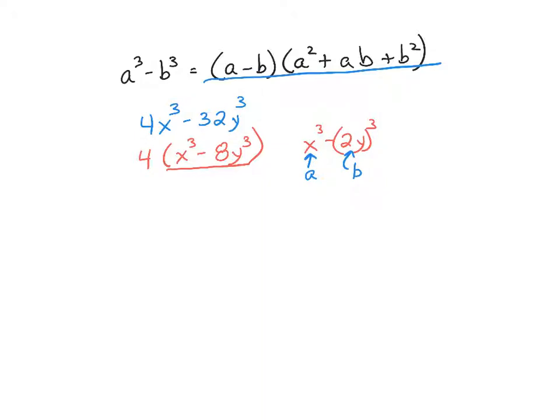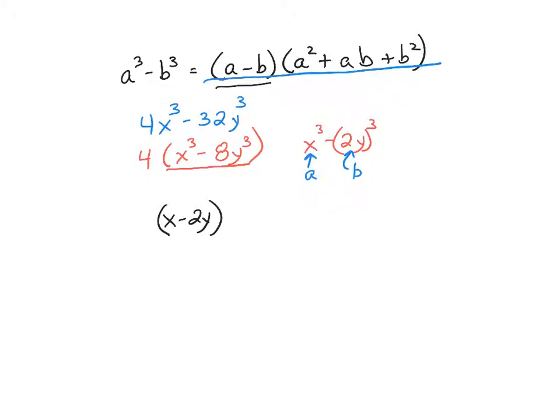Okay, hopefully you've had time to go through that. Let me go through and factor this. So I have x cubed minus 2y cubed. I need a minus b, first of all, for this formula. So my very first thing is x subtract 2y.